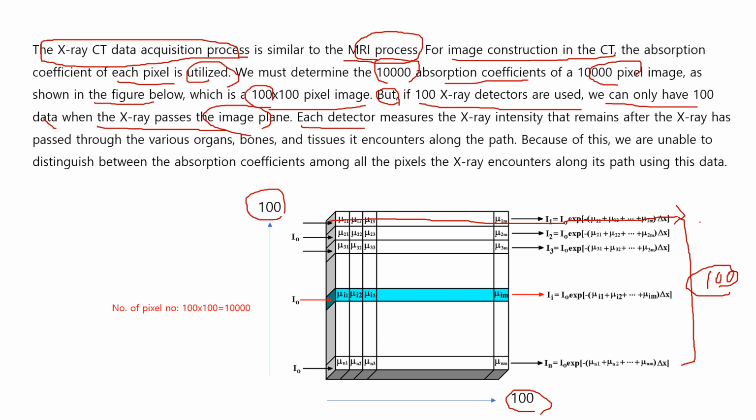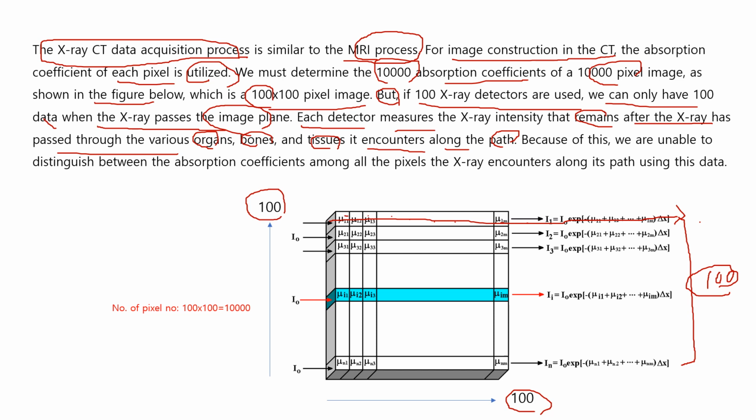Each detector measures the X-ray intensity that remains after the X-ray has passed through the various organs, bones, and tissues it encounters along the path. So the X-ray passes through various kinds of organs, bones, and tissues along this line. Okay.